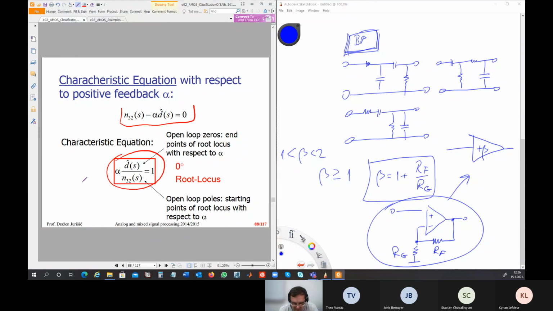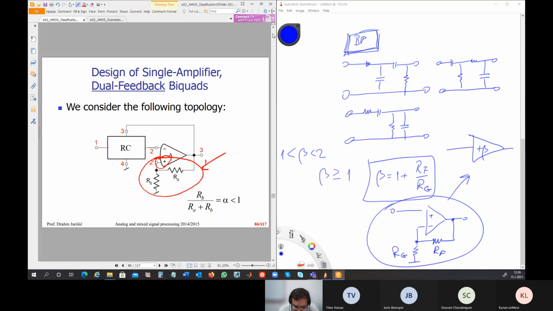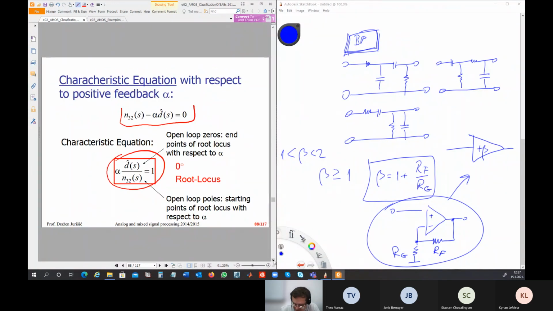So now you have new characteristic equation, which is dependent on alpha, and d is now in the numerator and n is in denominator. So open loop zeros are end points of the root locus with respect to alpha, and open loop poles are starting points of the root locus with respect to alpha. And alpha is this additional resistive guy. So this is what we have till now, and this is addition. Now we'll see how this addition works.